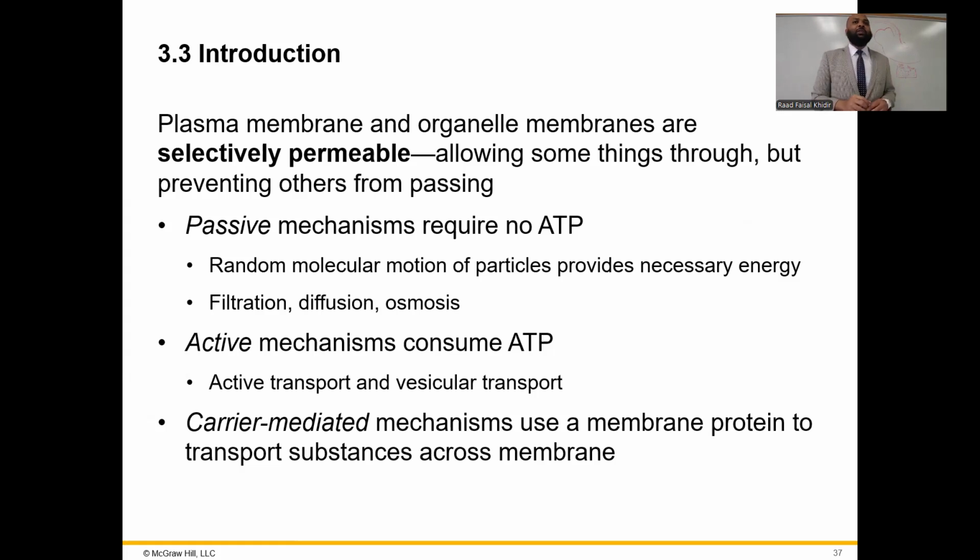But in osmosis, you have water moving from an area of a lower solute concentration to an area of a higher solute concentration, so it can achieve its versatile property.